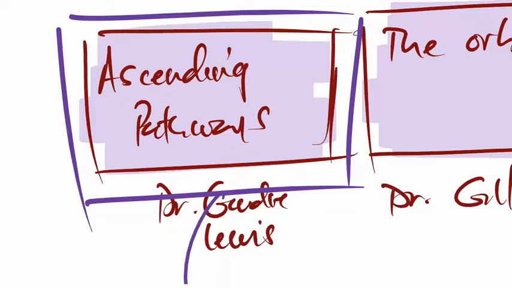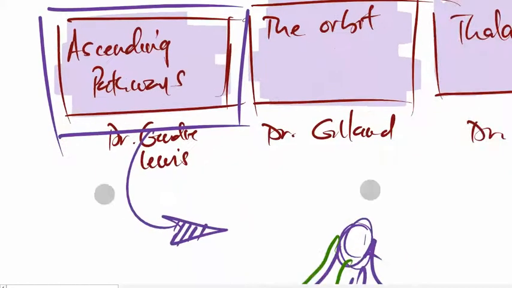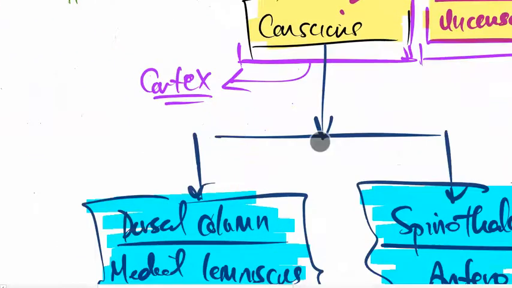Depending on where that information stops, you might or might not consciously perceive it. If it stops at the lower areas of your brain, you're not going to be consciously aware of it. But if it's at the higher areas, such as your cerebral cortex, then you will be consciously aware of it.